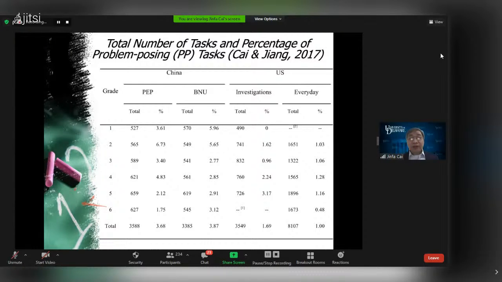Certainly I don't know about the textbooks in Colombia or in other countries. Maybe some of the audience could look into your country's textbooks and see what percentage of problem posing activities is involved.